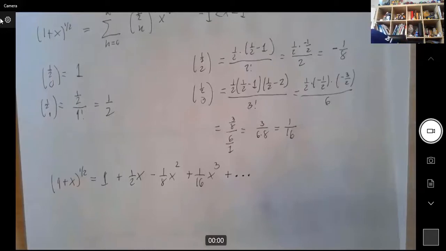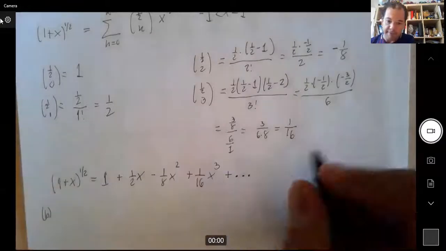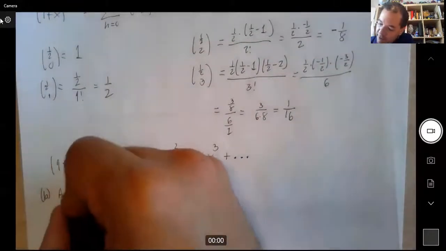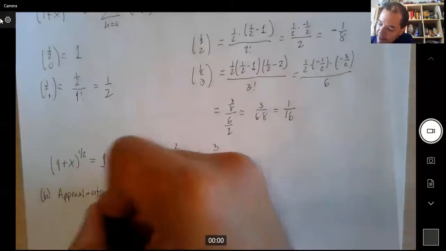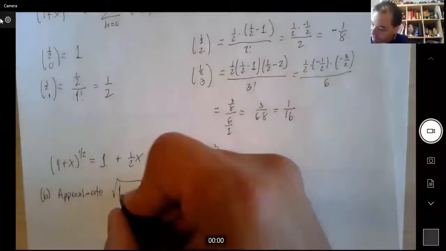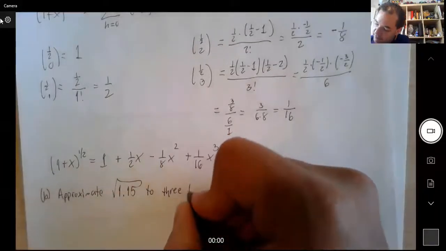Now part B says approximate the square root of 1.15 to 3 decimal places.